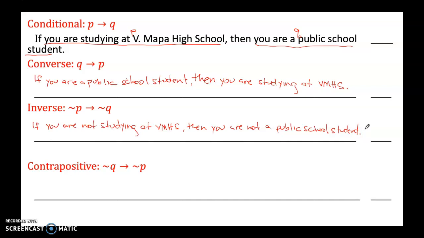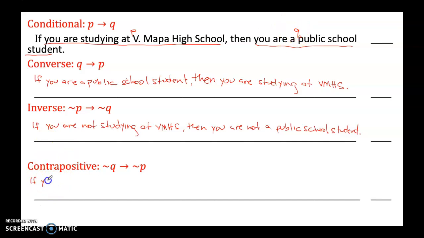For the contrapositive, we have not Q, then not P. So this is our Q statement, the negation of Q statement, then the negation of P statement. So we start from the negation of the Q statement for the contrapositive.